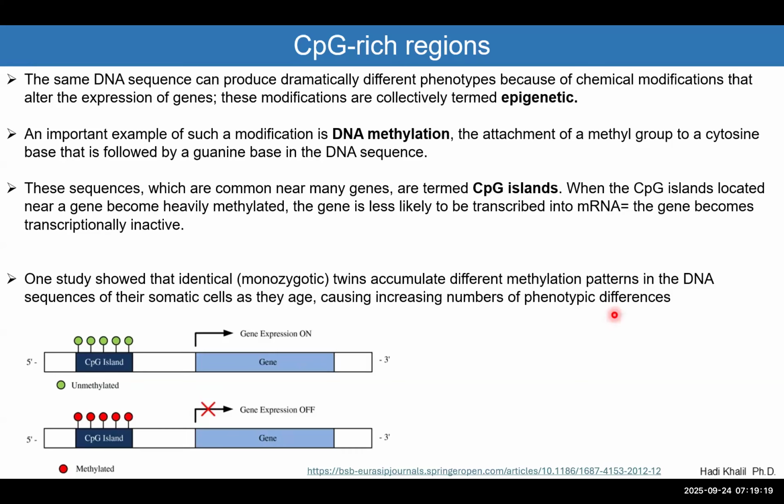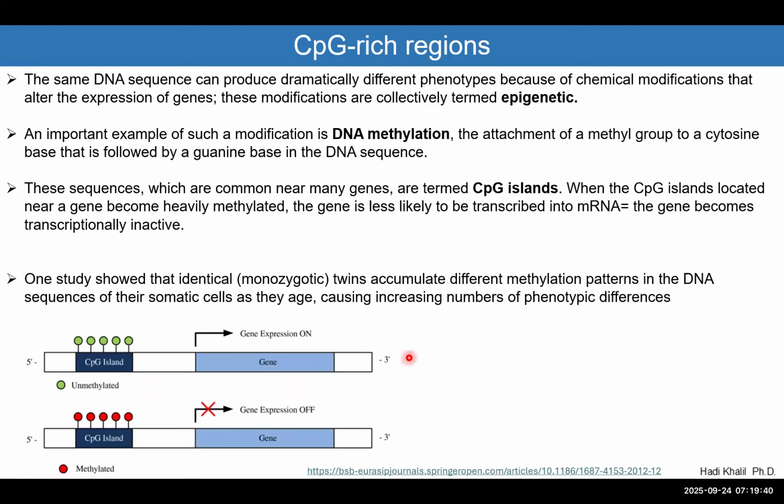This is a simple translation of what I just told you: a sequence of DNA, whether it's methylated or acetylated or not, could lead to a turn on or turn off of a gene, and therefore cause a change in the outcome of that gene and a phenotypic difference.